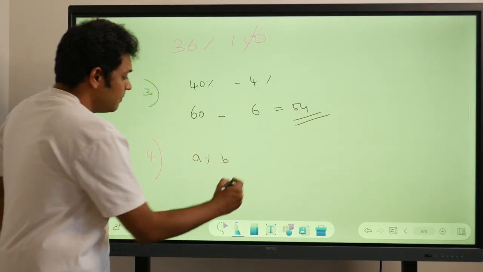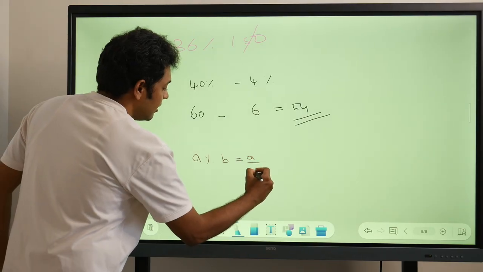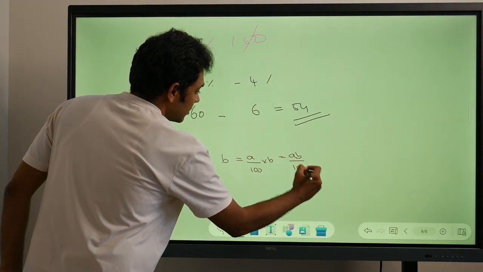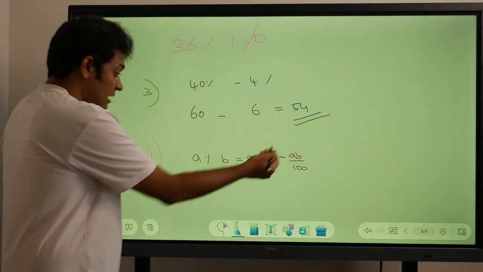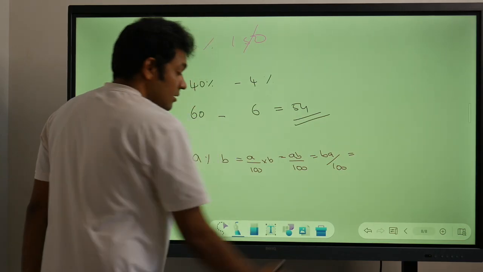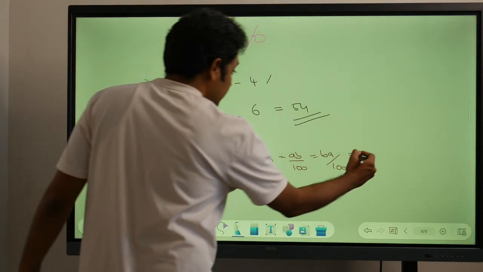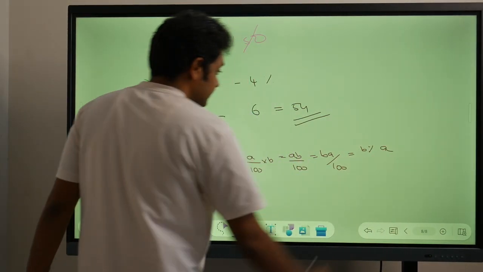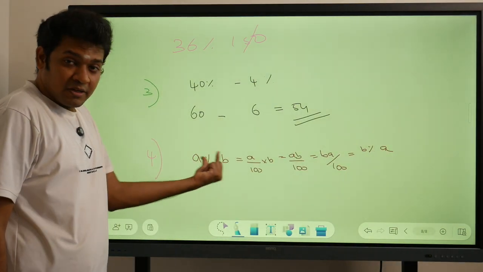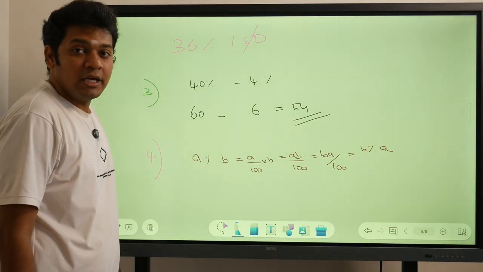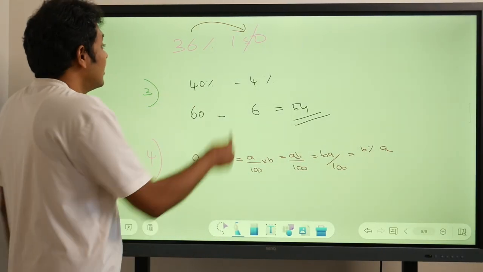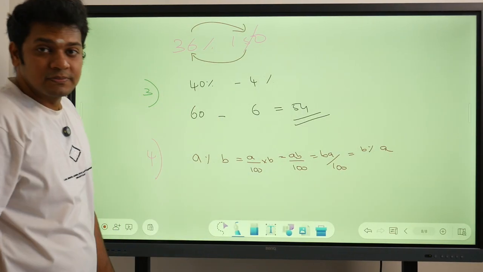So A percent of B is AB by 100, which is the same as BA by 100, or B percent of A. Both are right, since multiplication A into B is B into A. So 36% of 150 is the same as 150% of 36.